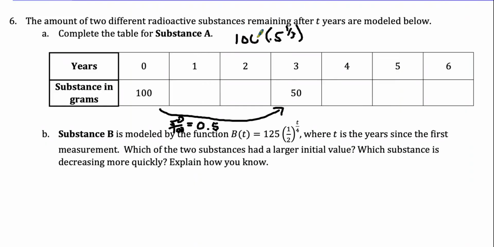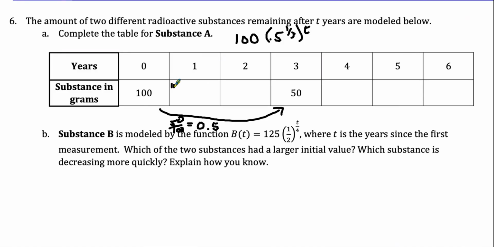My initial value is 100. So this is how I can write that function. My starting value times my growth factor per year. And I got that by saying, well, my growth factor over a 3-year period was 0.5. So my growth factor over a 1-year period would be 0.5 to the 1 over 3 power, and then to the t power. So then I'm just plugging each of these values in for t.